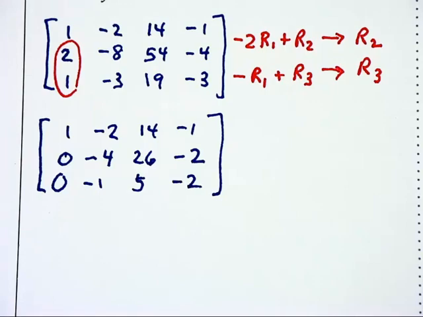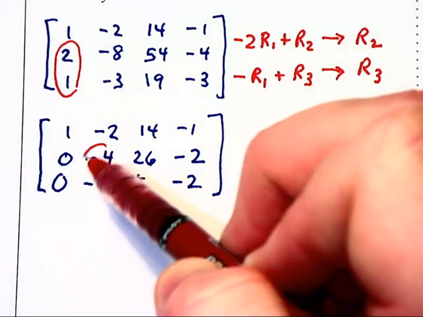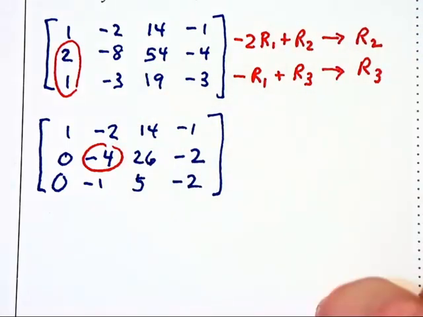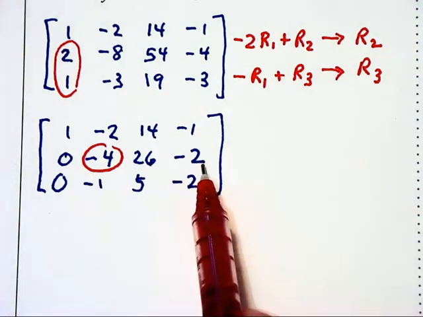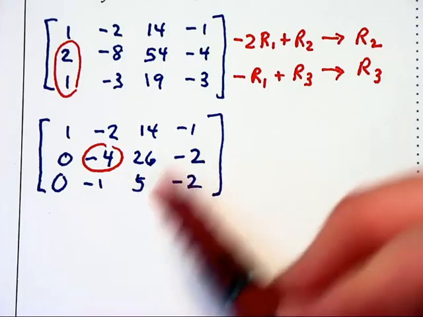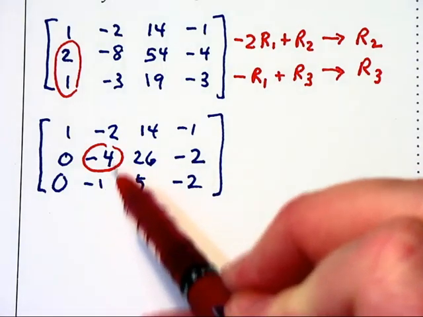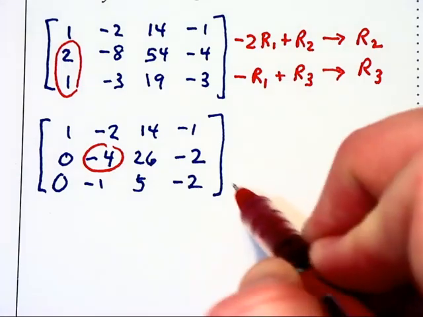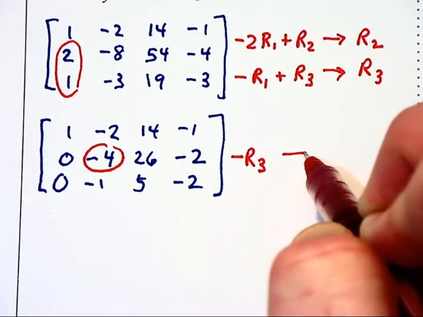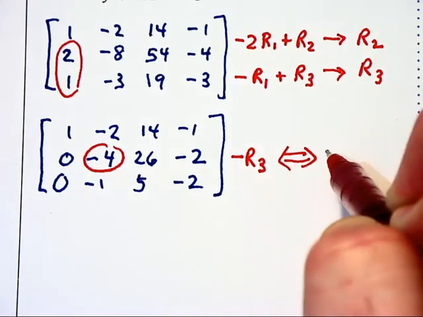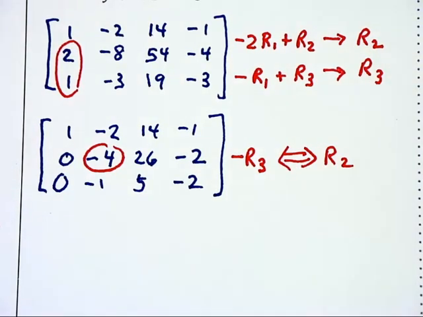Okay, now we need to get a 1 where that -4 is. Well, I could divide through by -4, multiplying through by -1/4, or I've got a 1 down here. I can just interchange rows and change signs at the same time. So negative row 3, I'm going to interchange with row 2.